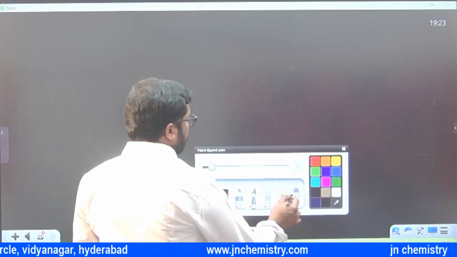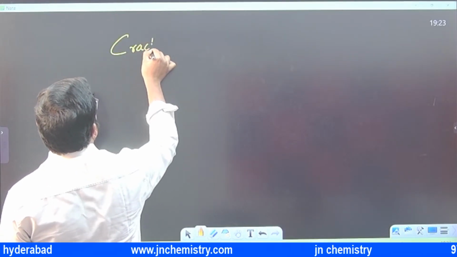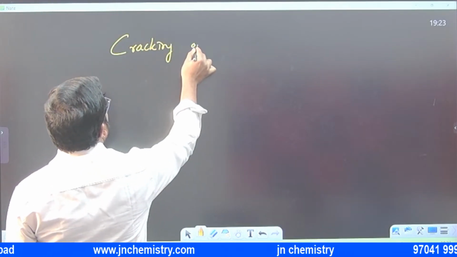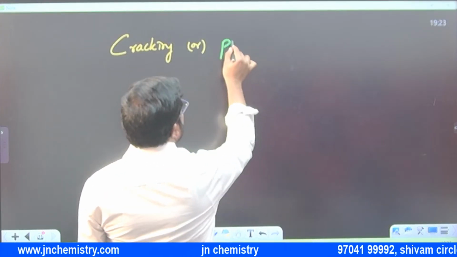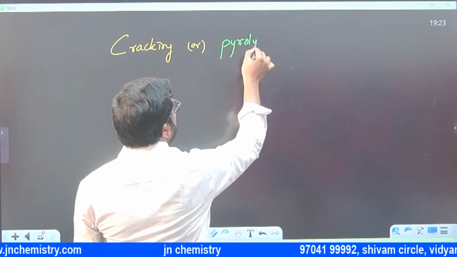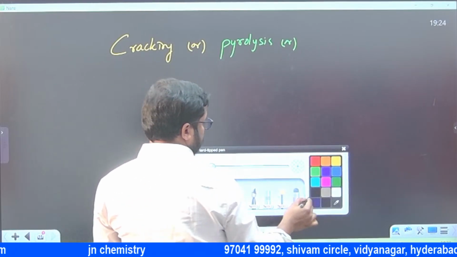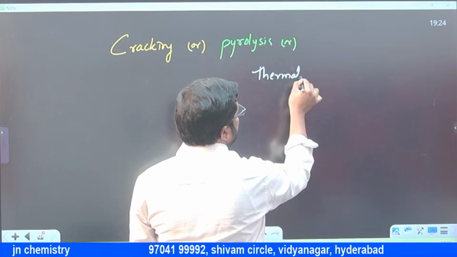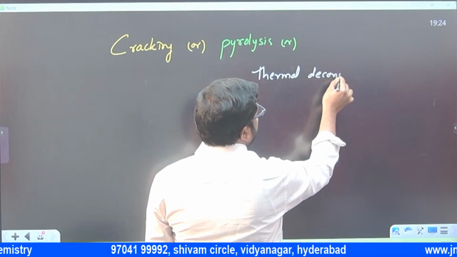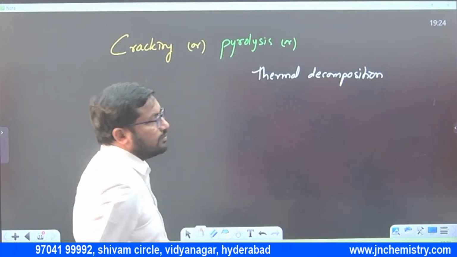Next, pyrolysis, cracking, or we could say thermal decomposition.